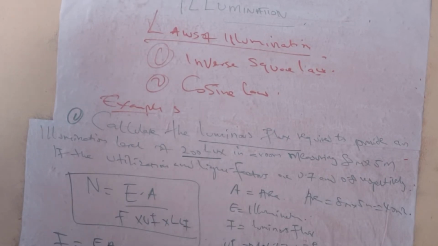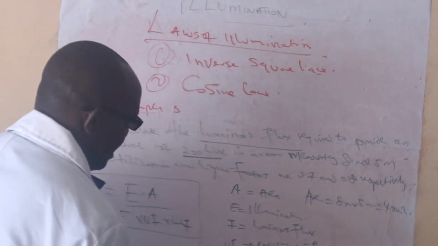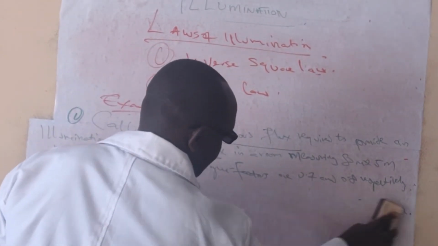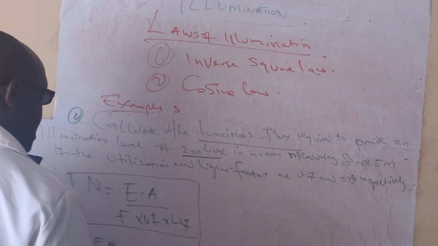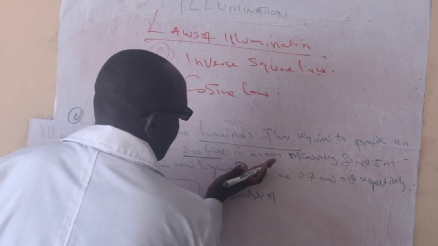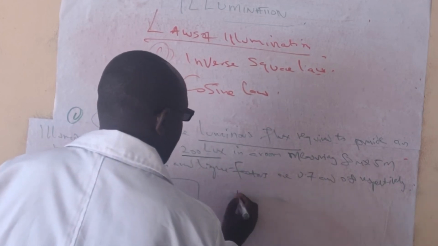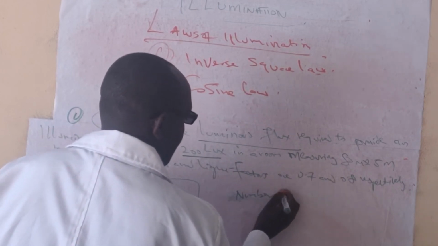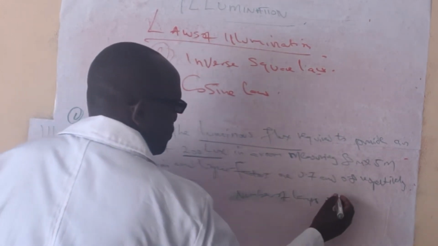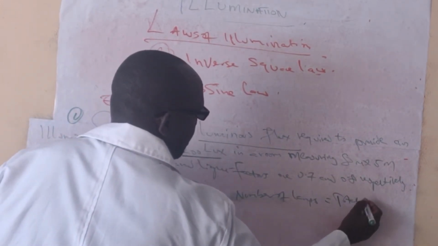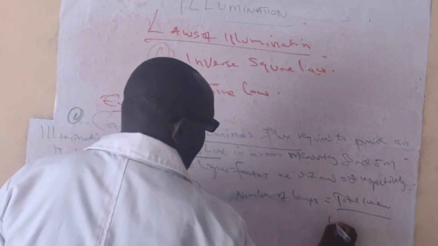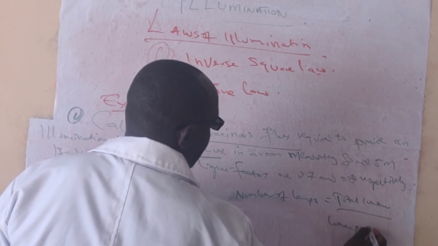Then, how do we determine the number of lamps? The number of lamps is equal to the total lumens over the lumens per lamp.